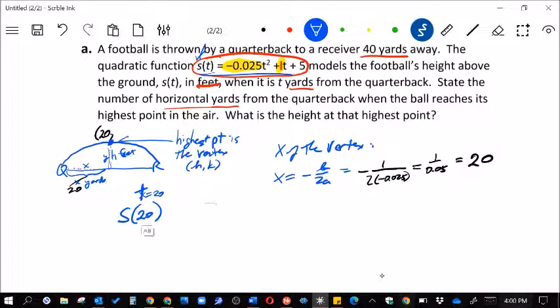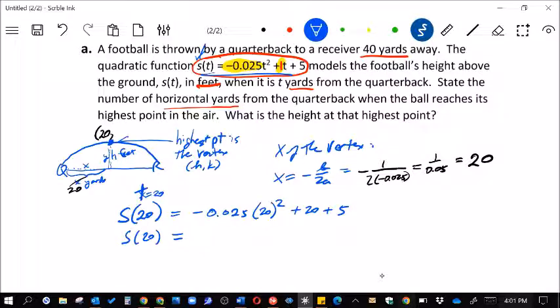That's equal to negative 0.025 times 20 squared plus 20 plus 5. So the distance, or rather the height, is equal to this whole thing.